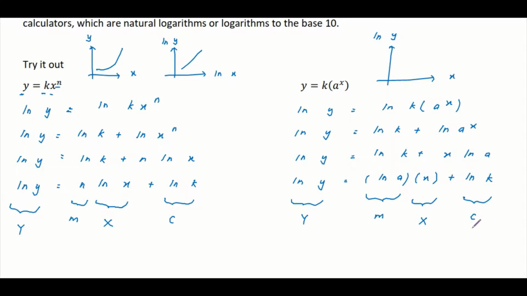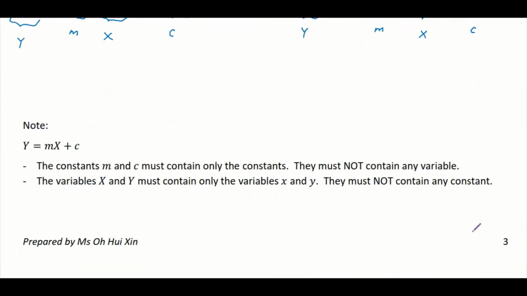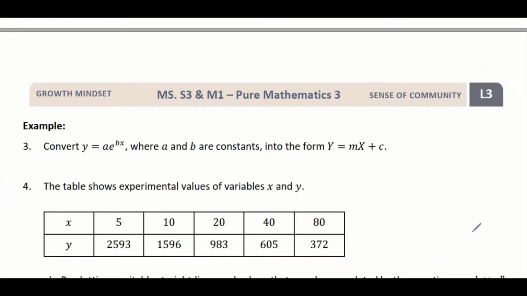Okay, so it's actually not very hard, but let us look at a few examples, then you can understand it better. So let's look at example 3. We need to convert this exponential equation into the form of y equals mx plus c. Looking at this equation, you can see that there's an e inside.